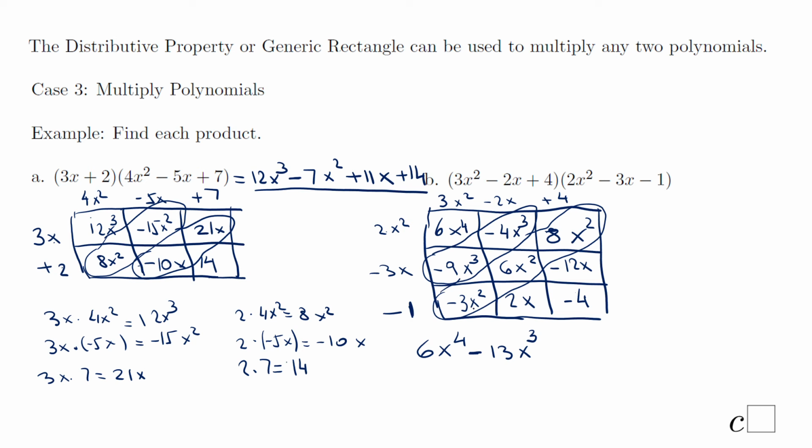And we have negative 3 plus 6, that will be positive 3, plus 8 is 11. Then we have these two terms that are alike, the x term. We have 2x minus 12x, minus 10x. And then minus 4, the last term.